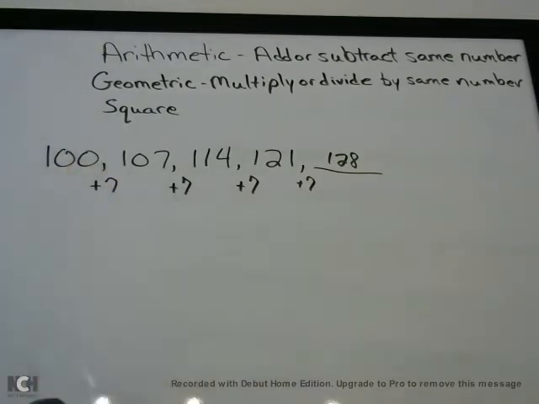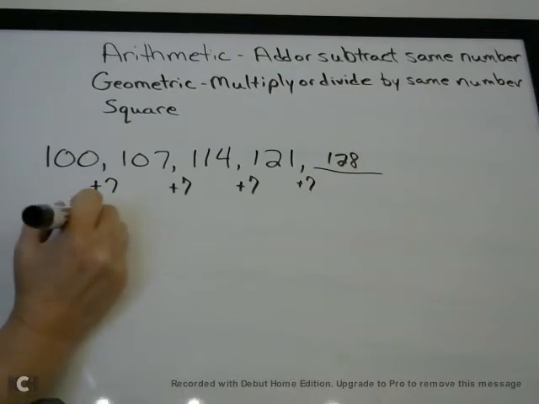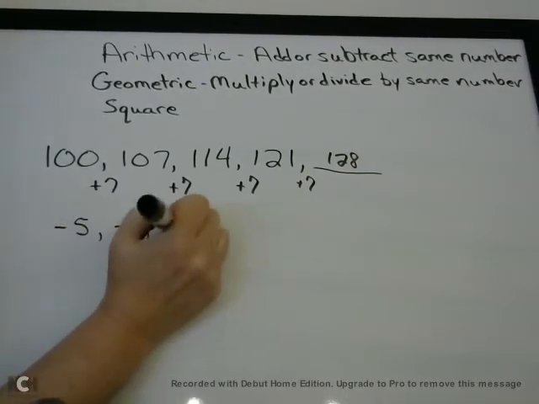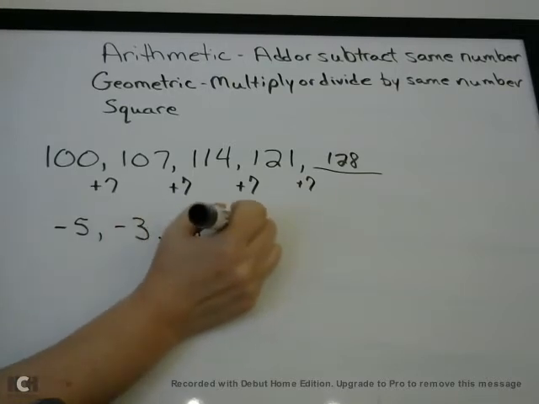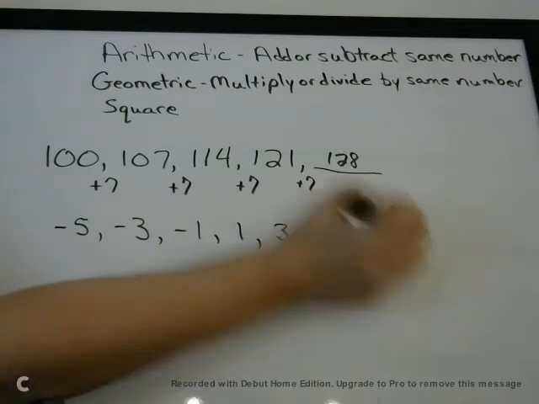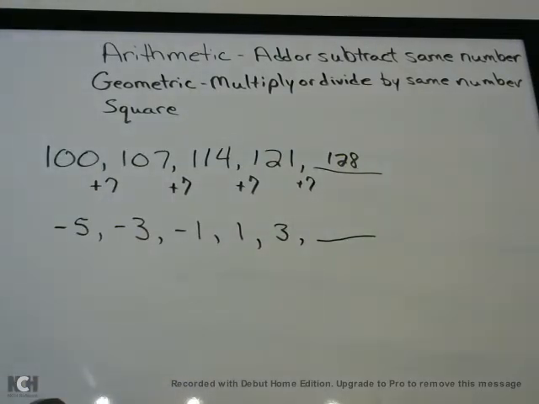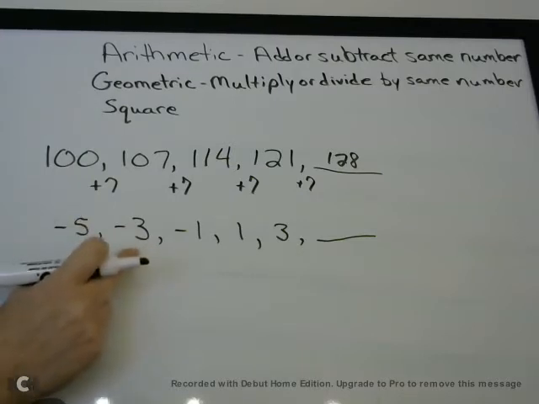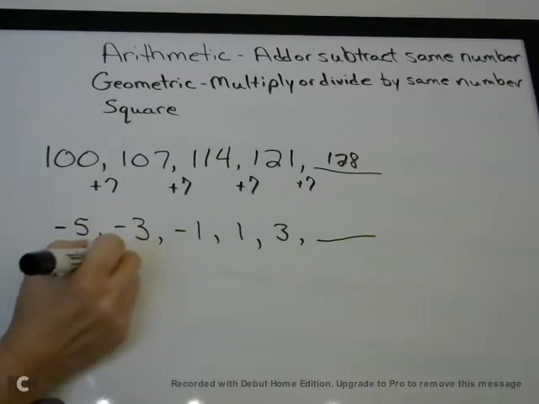We'll do another example. Let's say you had negative numbers, because it works the same if they give you any type of number. Let's say they give you this and ask, what is the next number in the sequence? Well, first, always start out: is it arithmetic? Are they adding or subtracting the same number? To go from negative 5 to negative 3, you have to add 2.